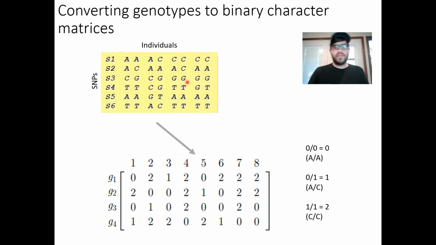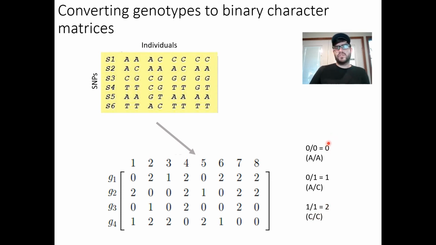And so what we can do is turn this, using this sort of nomenclature, where a homozygous reference would be a 0, a heterozygous of the reference and alternative would be a 1, and a homozygous allele with 2 alternative alleles, in this case let's say C/C, would be coded as a 2.